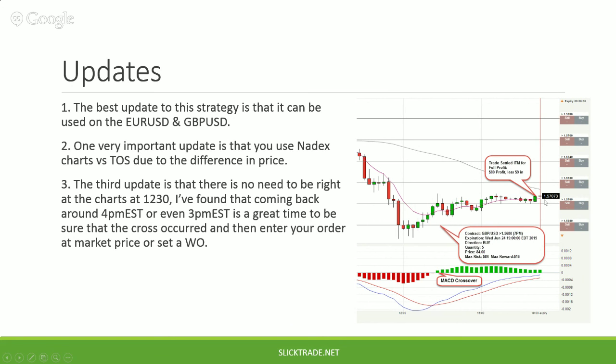So let's say it's 1.57073 on Thinkorswim. This is a Nadex chart right here, but on Thinkorswim it was 1.57063. That makes a big difference, especially in this one, because there's very little movement during this time period, and that's one reason this strategy works so well.